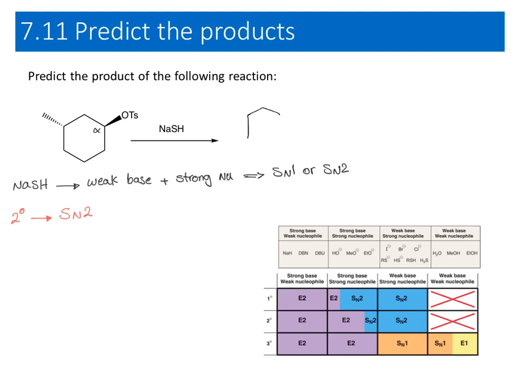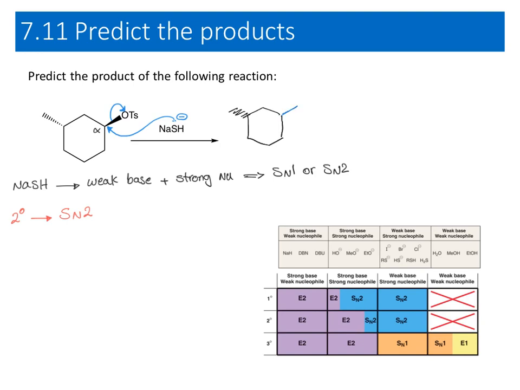So let's draw the product. SH is the nucleophile, it attacks the alpha carbon, and the leaving group leaves. All of these are happening at the same time during the SN2 mechanism.